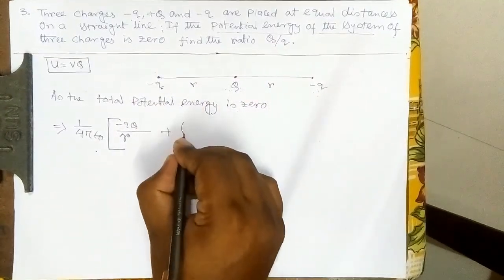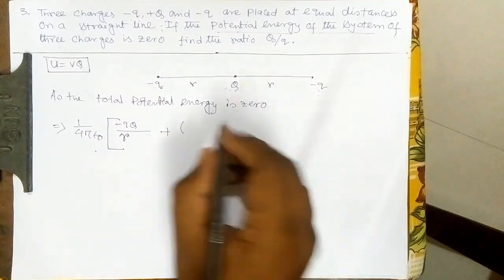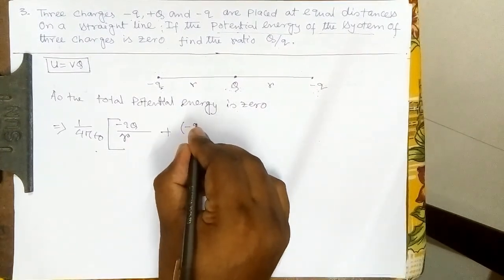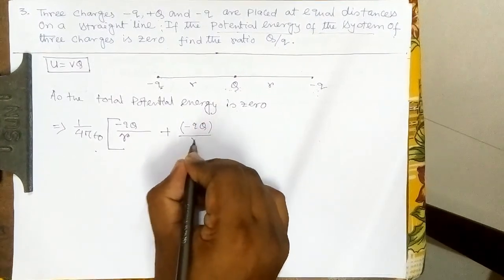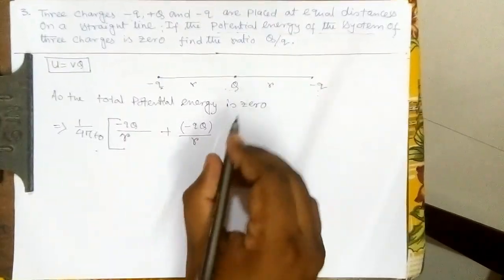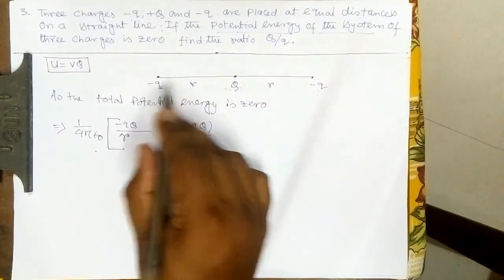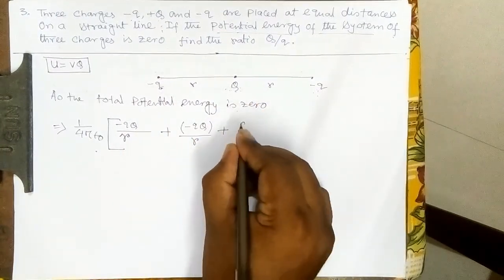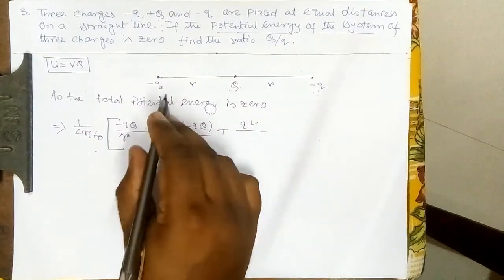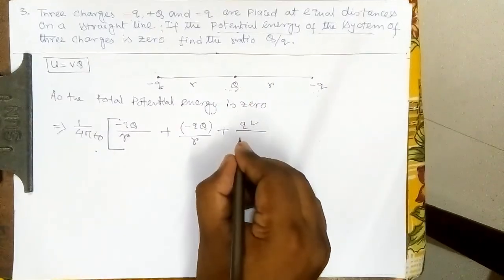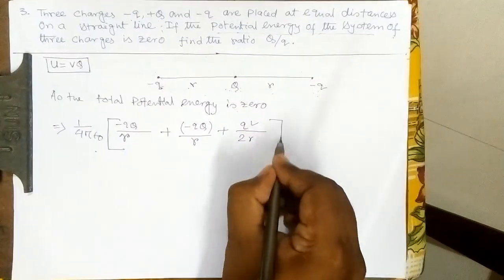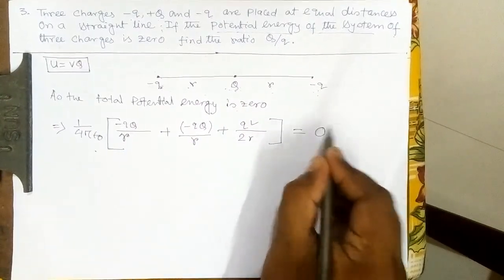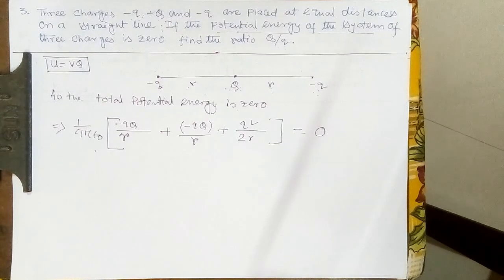Okay, so I take a bracket, q into minus q, so it is minus of q into capital Q by r. Their distance is also r. And next for the two charges, q into q, that is q square by 2r, because the distance is now 2r, that should be 0. That is the total potential energy, and it should be 0.